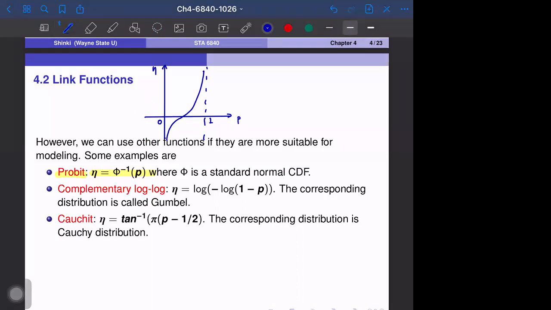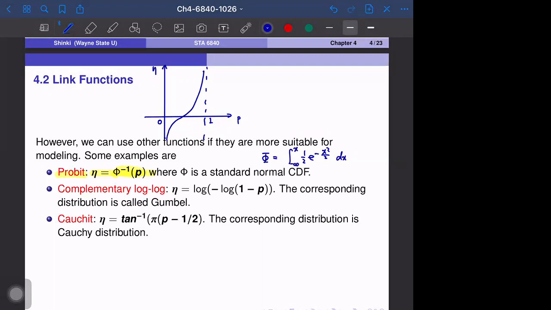Yeah, so it's known that phi inverse doesn't have an analytic expression. We have to say that phi itself is the integral of the standard normal, the integral of e to the negative x squared over 2, times 1 over root 2 pi, dx, from negative infinity to x.